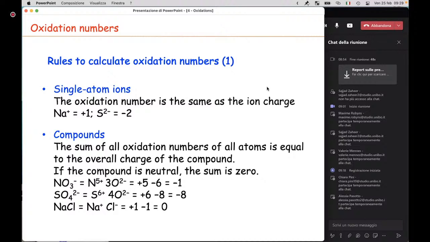In biotransformation, I wanted to very briefly expand concepts on oxidation and reduction. We have already seen redox reactions. So we already know or remember that every time there's an oxidation, there's also a reduction of some other species.